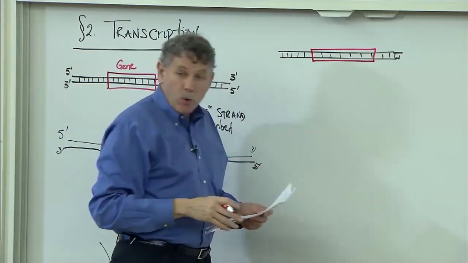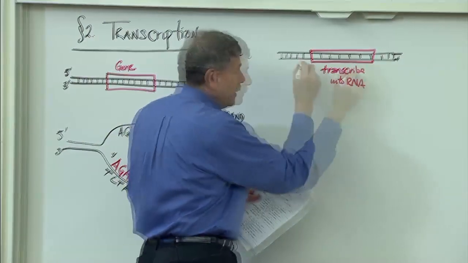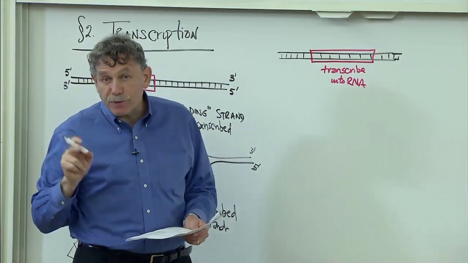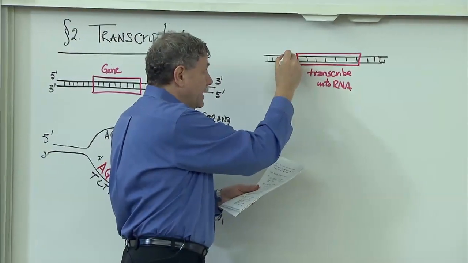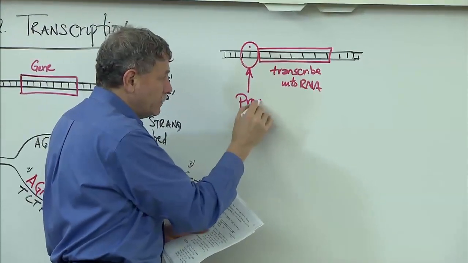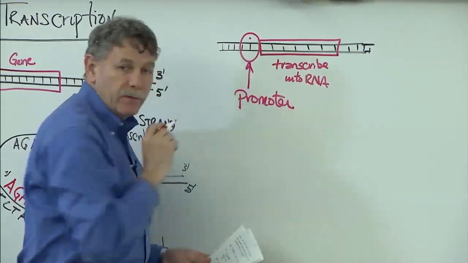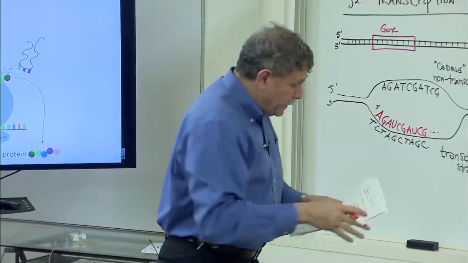There are some other important segments. So this is what's transcribed to RNA. There's the place that transcription will start, and that is called the promoter of the gene. That's where transcription starts, the promoter.